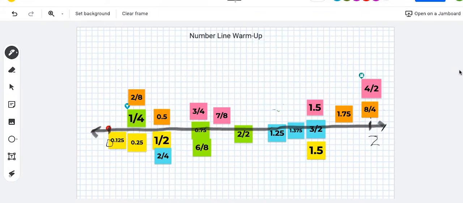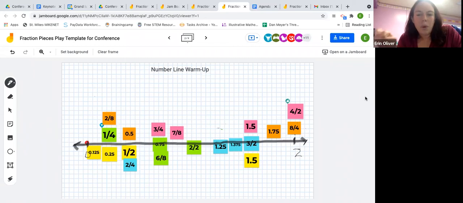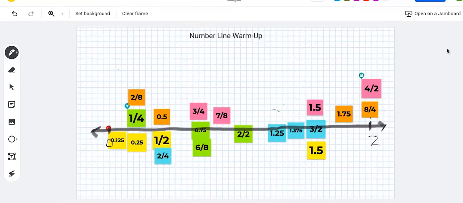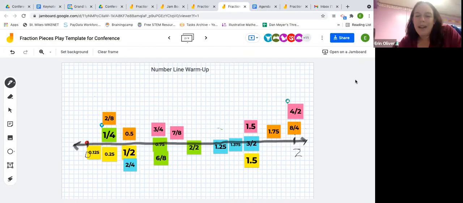Jamboard doesn't always show up, so sometimes you have to click more options. But Jamboard is just a part of Google, so it works really great with Chromebooks and with Google Classroom. It's embedded in the options with Google Meet, or at least it was last year. Yeah, it's also embedded inside of Google Meet. You're right, I forgot about that.